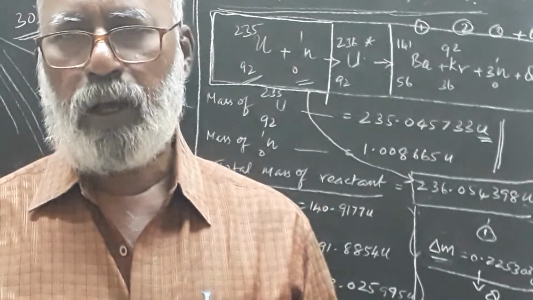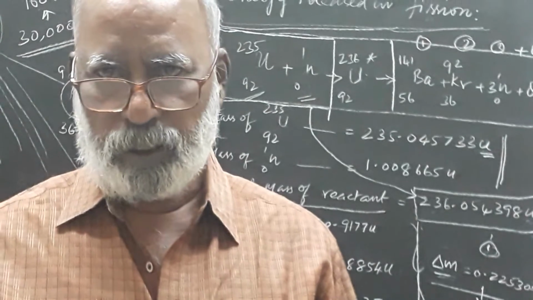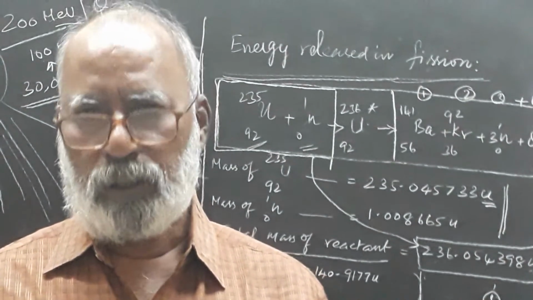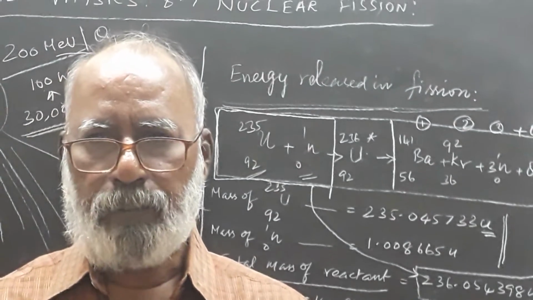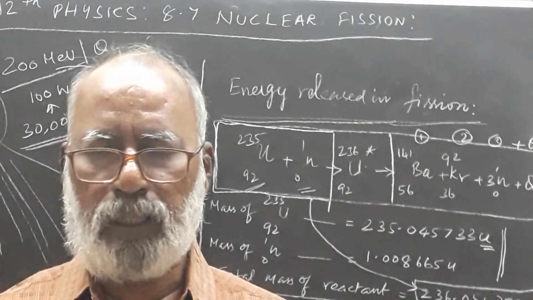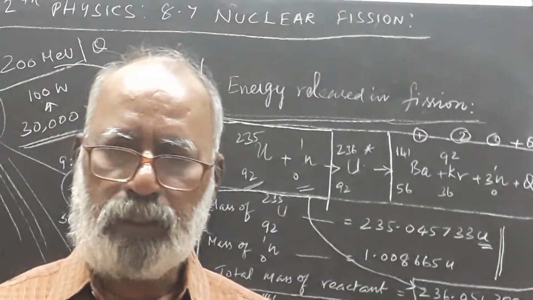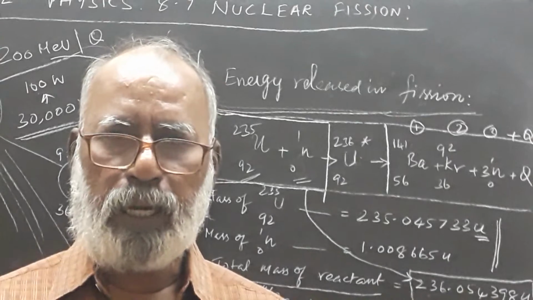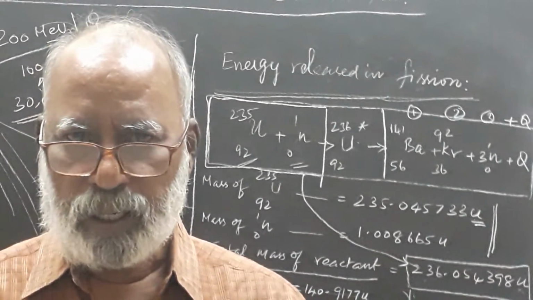Only then can you get such an amount of energy. That's why I already told you the energy released in a chemical process is far lesser than the energy released in the fission process, which is much greater than the energy released in a chemical reaction.